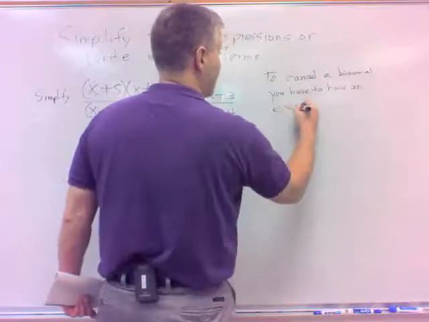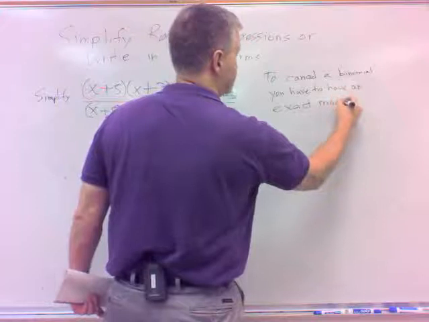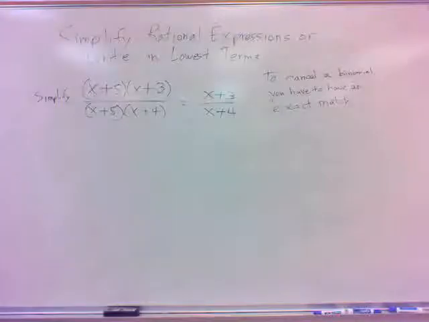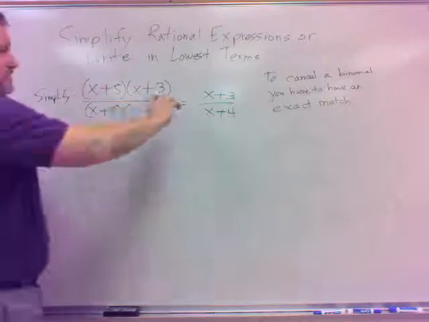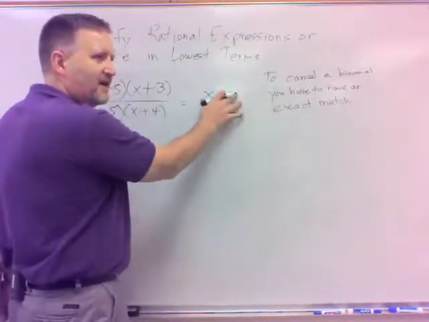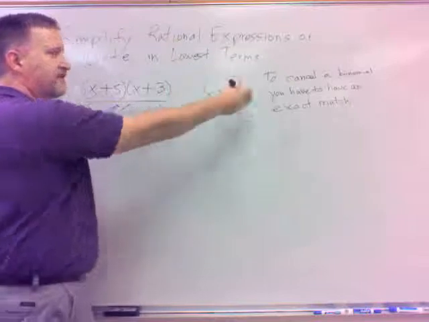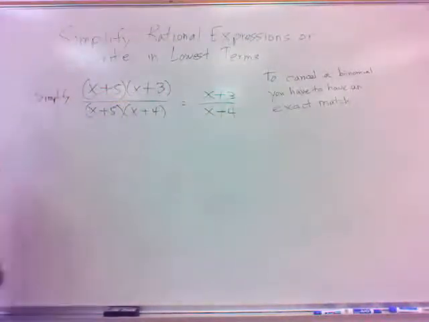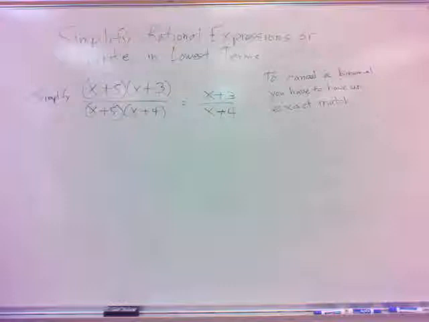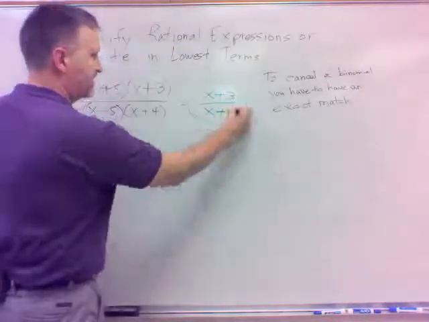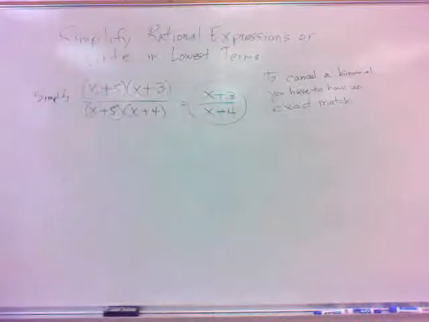In other words, I can't cancel these x's out because it's x plus 3, you see. That's the factor. So if I cancel the x, I have to be able to cancel the plus 3. Same thing, if I cancel the x, I'd have to cancel it with the plus 4. Because those aren't exact matches, I can't do anything with them. That's as much as I can do. There's no further canceling to be done.